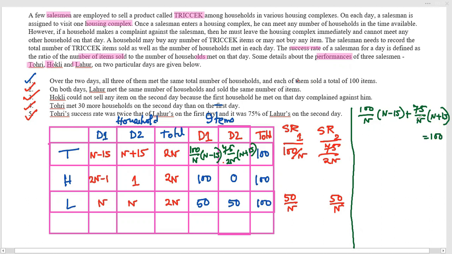Now if you multiply by 2n everywhere, and as well as if you cancel 25 from all sides, it should be 4, it should be 3, it is 4, and the next data will be multiplying by 2n now.